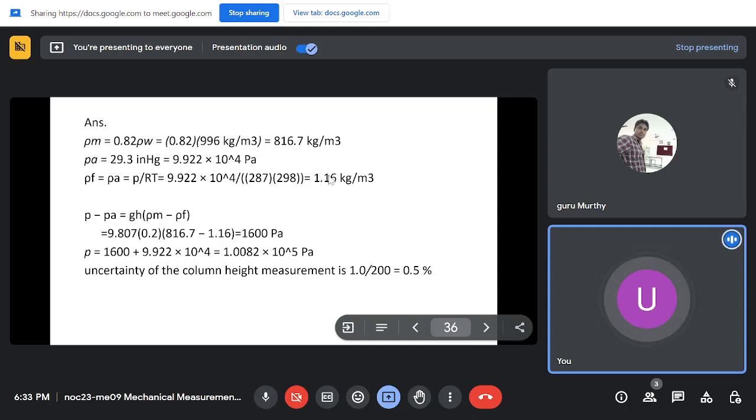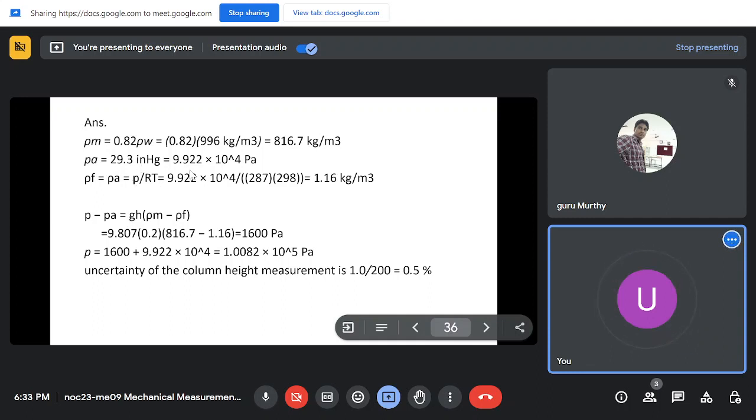This is rho g h. We multiply rho g h, with h in meters. You convert it into meters, and then rho is 13.6 into 10 power 3, and g is 9.81. So substituting that, you will get 9.922 into 10 power 4 Pascals. Then also, for the air whose pressure has to be measured, we are given it is at temperature 25 degrees Celsius.